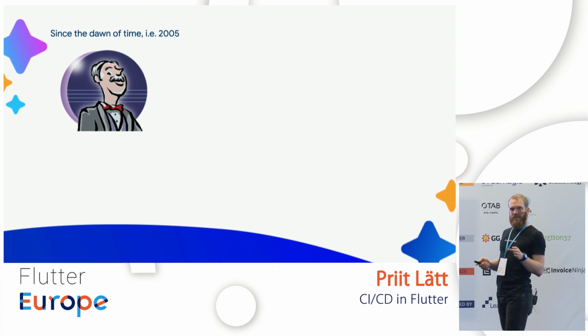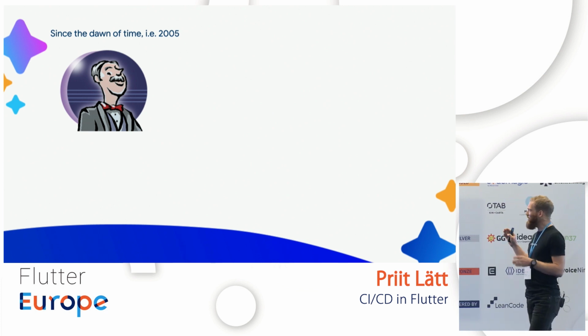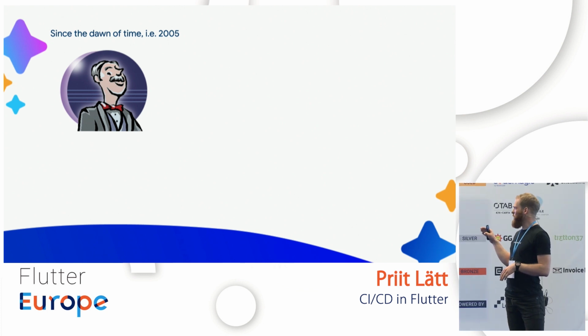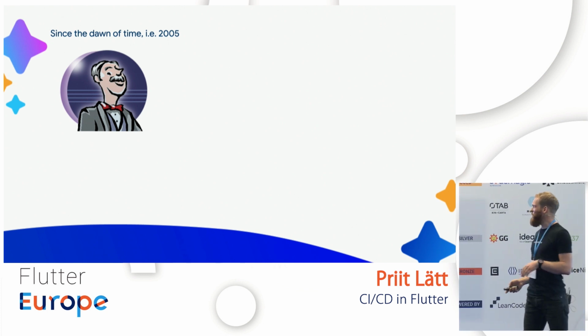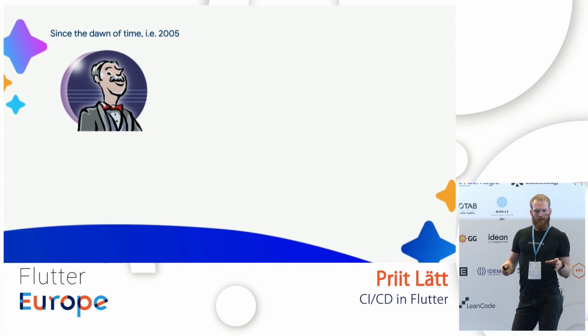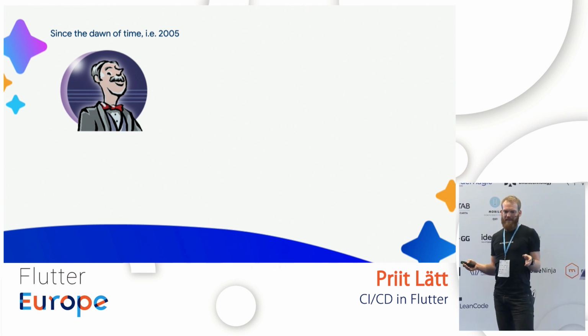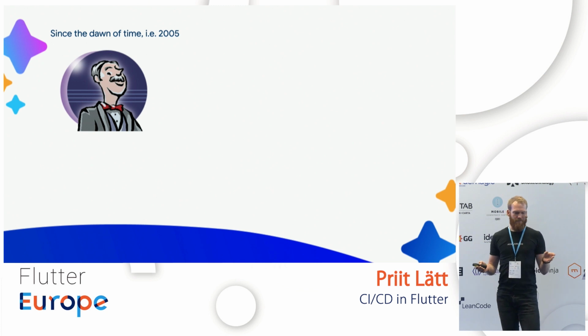So, the brief history of CI. I'd say the modern automation starts with Hudson, and it was released in 2005. It provided all the main building blocks of what you would expect from a CI.